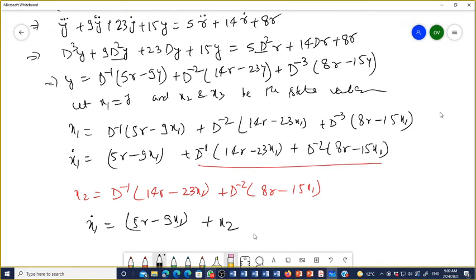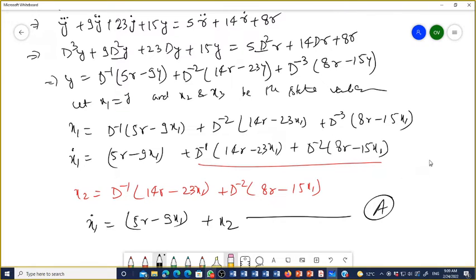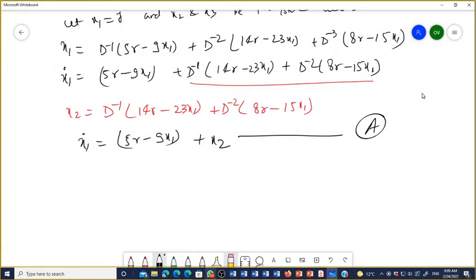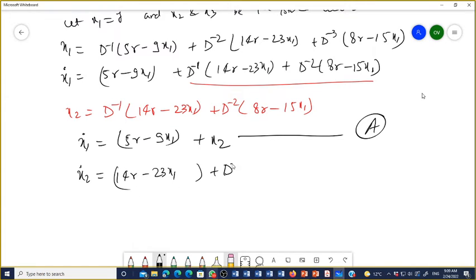Then x2 dot becomes 14r minus 23x1 plus D inverse of 8r minus 15x1.